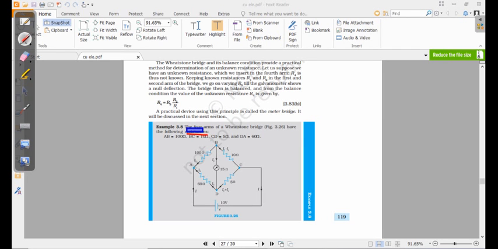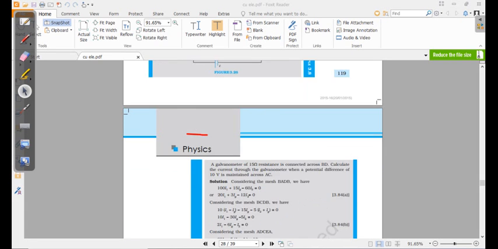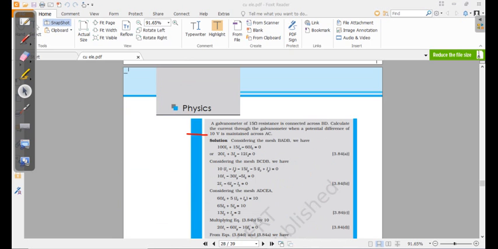They have given in this network: 100 ohm, 10 ohm, 5 ohm and 60 ohm. Next he is asking, by using this network, a galvanometer of 15 ohm resistance is connected across BD. Calculate the current through the galvanometer when a potential difference of 10 volt is maintained across AC.